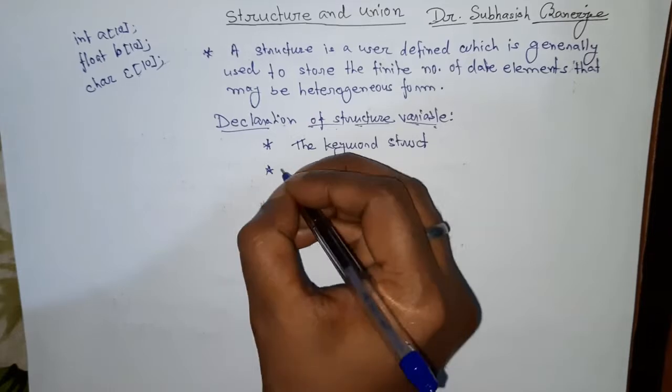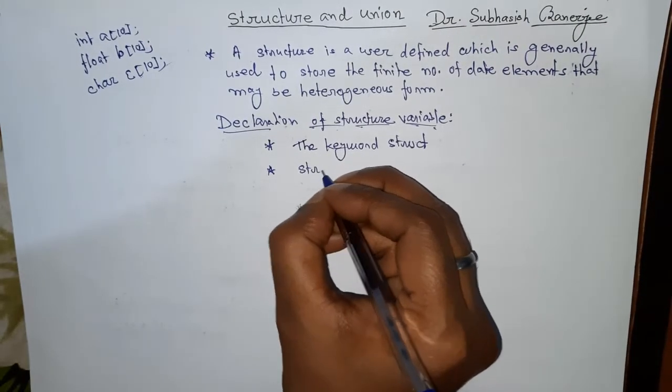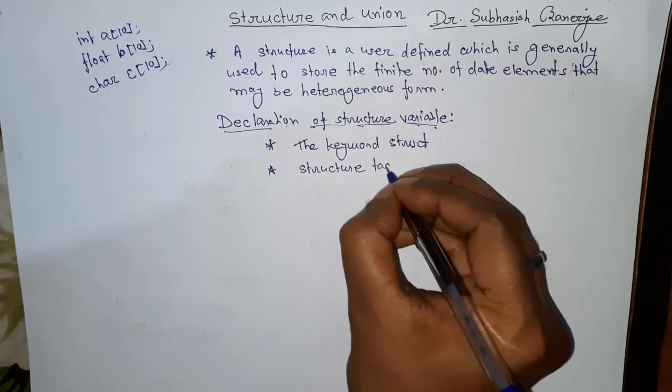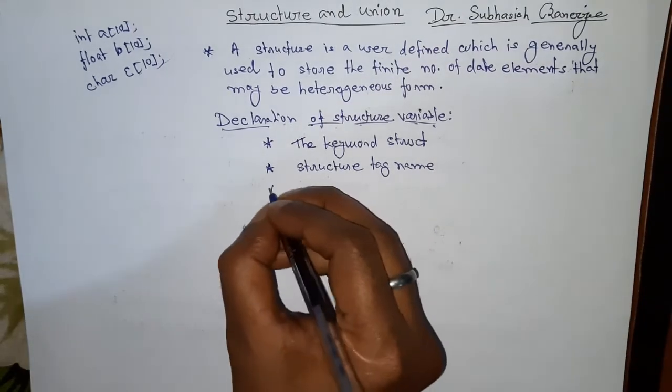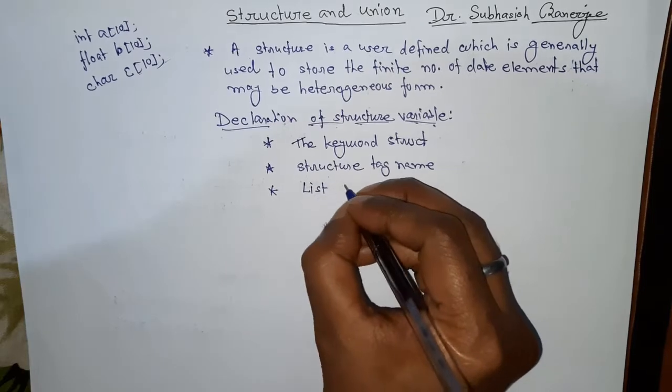Second, after the keyword struct there should be a structure tag name, meaning the structure name. What is the name of that structure? That is the structure tag name. Third, how many variables are going to be stored? That is the list of variables.